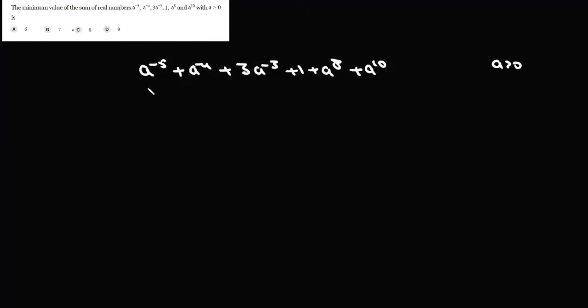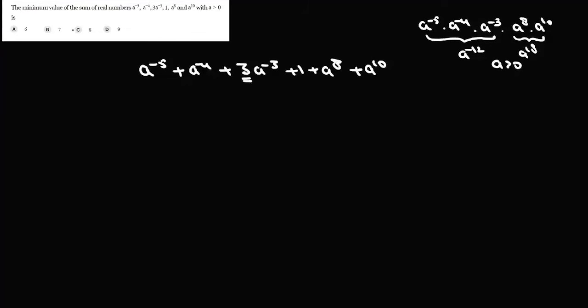But the problem here is if we multiply the powers of a, it will be a to the power minus 5 into a to the power minus 4 into a to the power minus 3 into a to the power 8 and a to the power 10. Now these negative powers come to a to the power minus 12, and these positive powers are a to the power 18. So their GM won't be constant, but we have this 3 here.